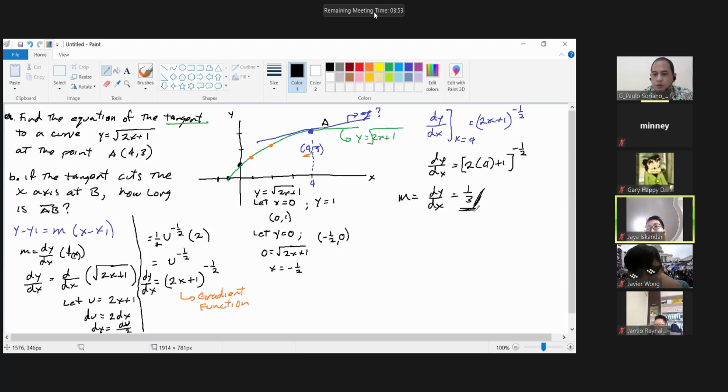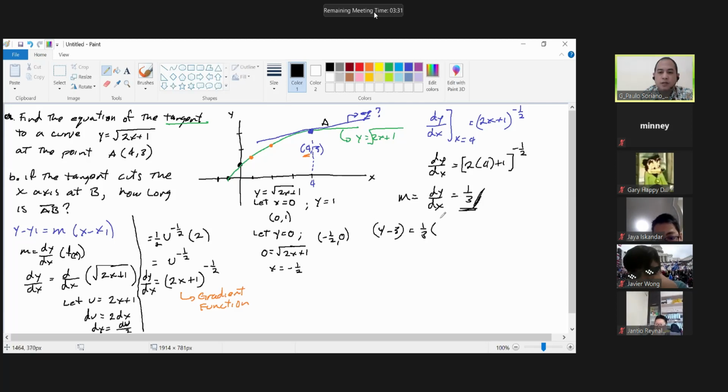Now that we have the gradient, we can start solving for letter A. What will be the equation of this tangent? We can use the formula: y minus y1, which is 3, is equal to the gradient, 1/3, times x minus x1, which is 4.